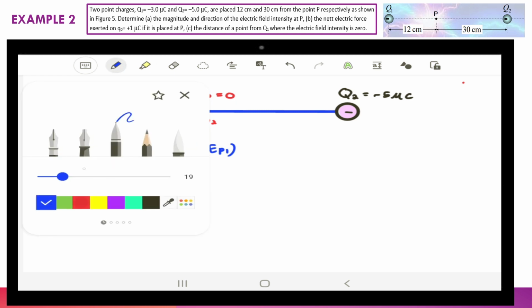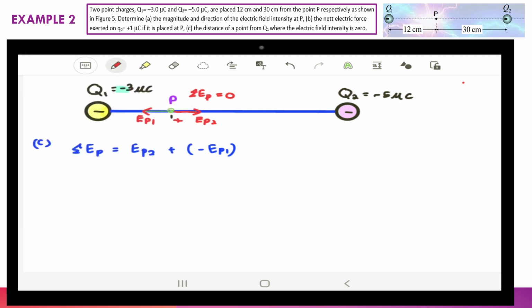You must remember that when we consider a point, we take it as positive sign here. Due to Q1, this will be attracted to Q1, so it's to the left, and EP2 will be attracted to the right.